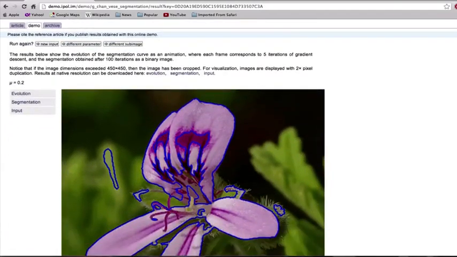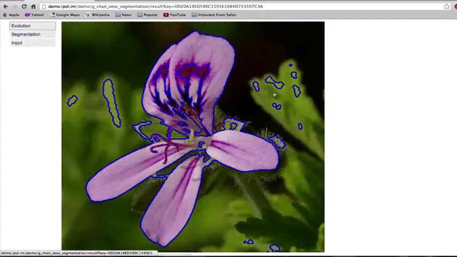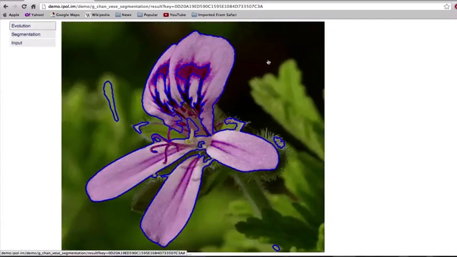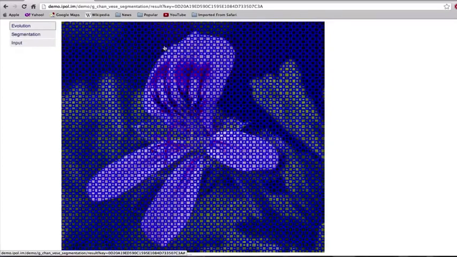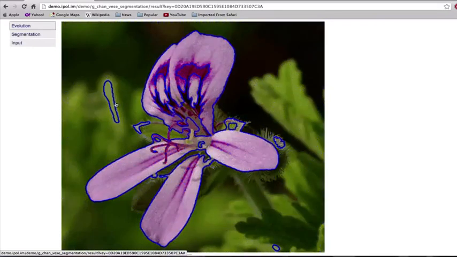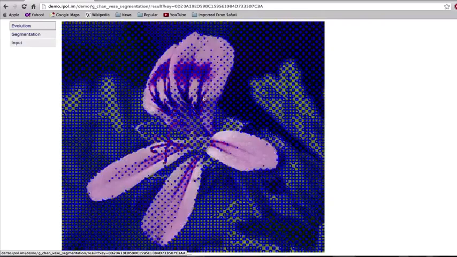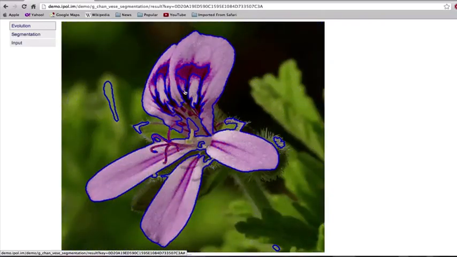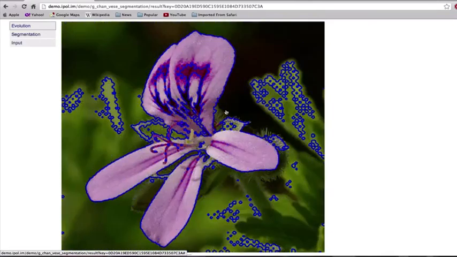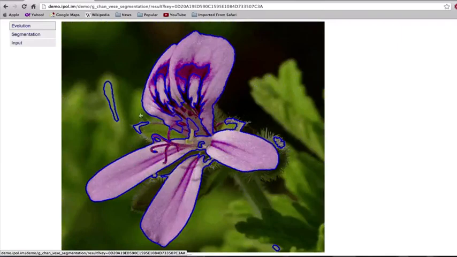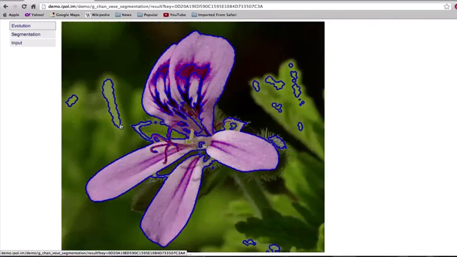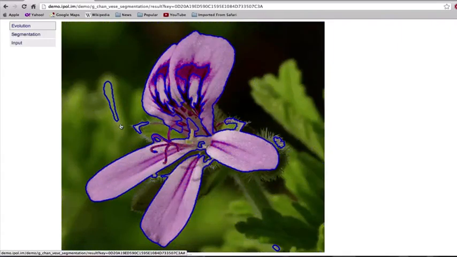And here is the result. We see, once again, initial contours. These blue contours at the very beginning are the initial contours, and then we see the boundaries. The curves have evolved toward those boundaries. The curves have evolved to segment out the object of interest. There are some spurious objects, and we are going to understand why they happen.